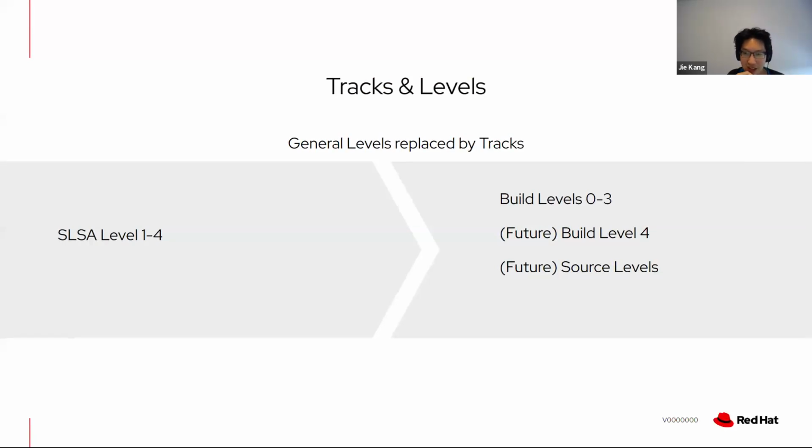So now there is documentation on build levels 0 to 3, 0 being nothing, and 3 being the most stringent. And it covers the area of building your artifact. And they've mentioned that in the future, they hope to introduce a level 4 for build, as well as a track for the source via source levels.